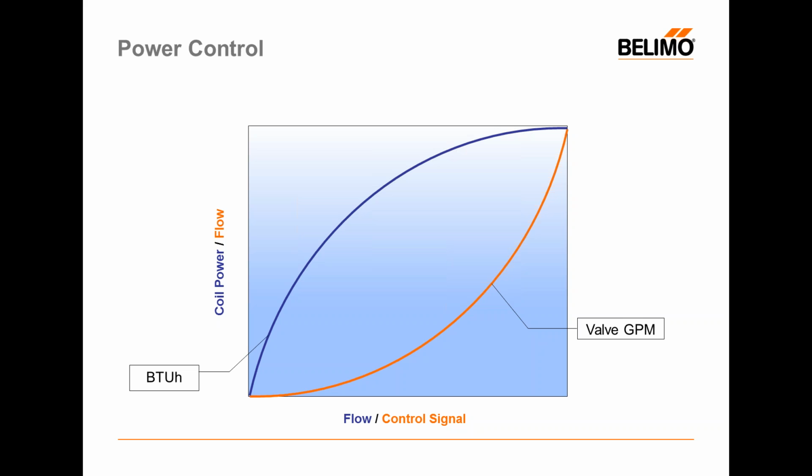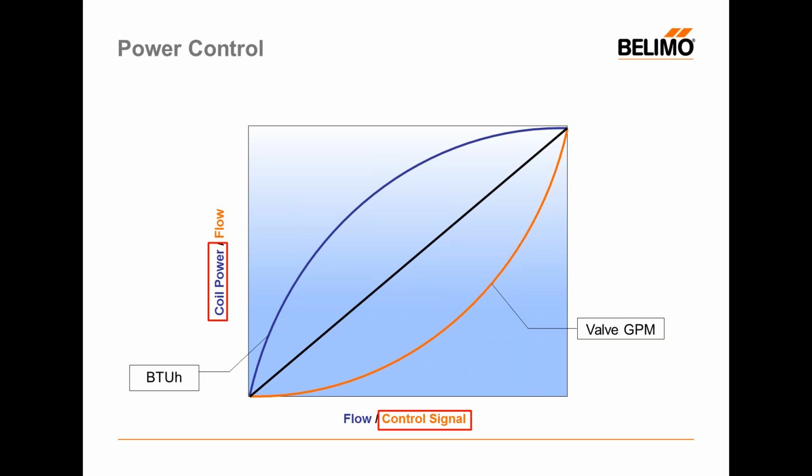And the reason we do that is if we have control over the control signal, which we do, and what we're interested in is how much power is produced by the coil, which is the output we're interested in. If we cancel flow out of both of these curves and combine them, we're trying to get something relatively linear, as we've shown here, because now our controller can say, hey, 10% more control signal anywhere in the range should generate 10% more coil power.